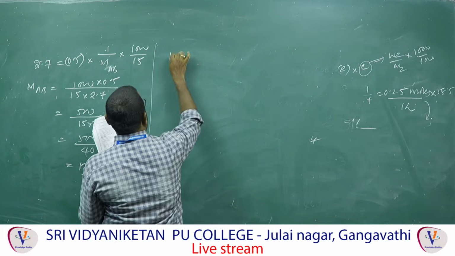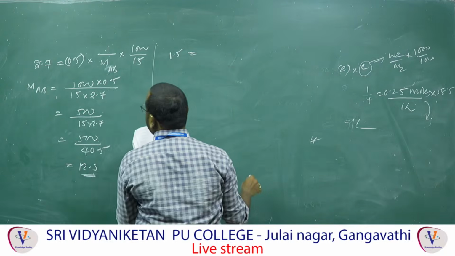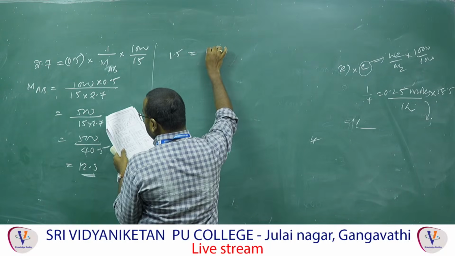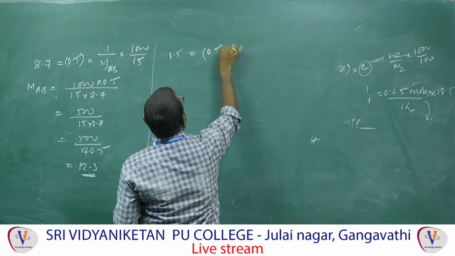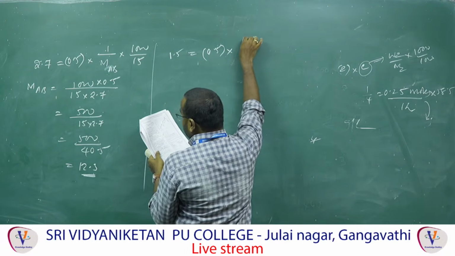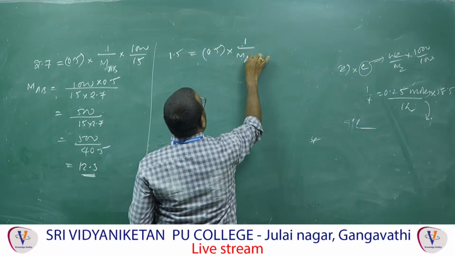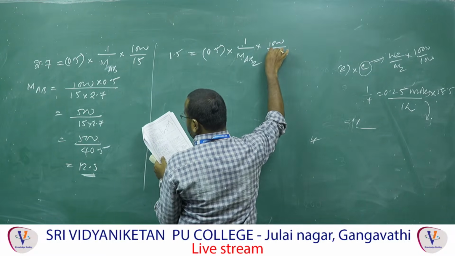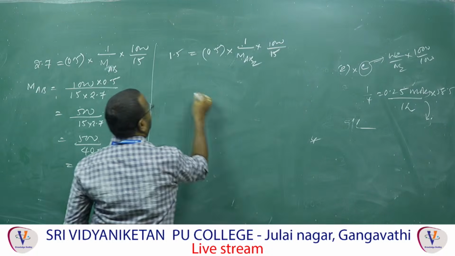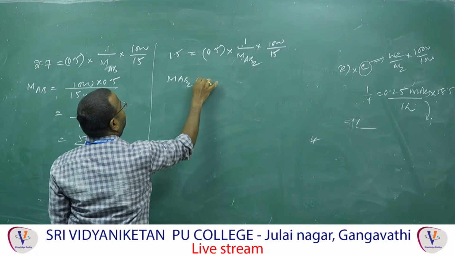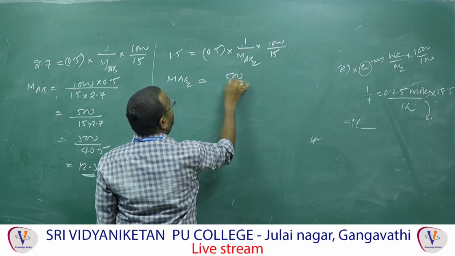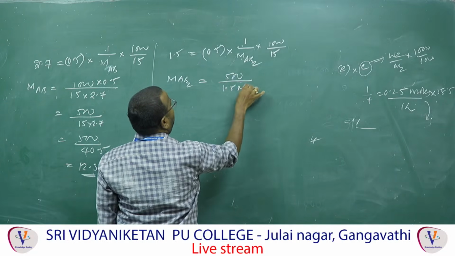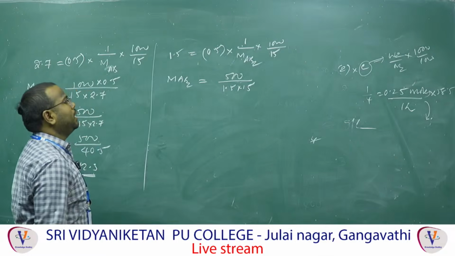We have 1.5 Kelvin, that is the delta TB value. 0.5 is KB, 1 gram, molar mass of AB2 into 1000 divided by, once again, 15 gram of water. So MAB2 equals 500 in the numerator, 1.5 into 15 in the denominator.